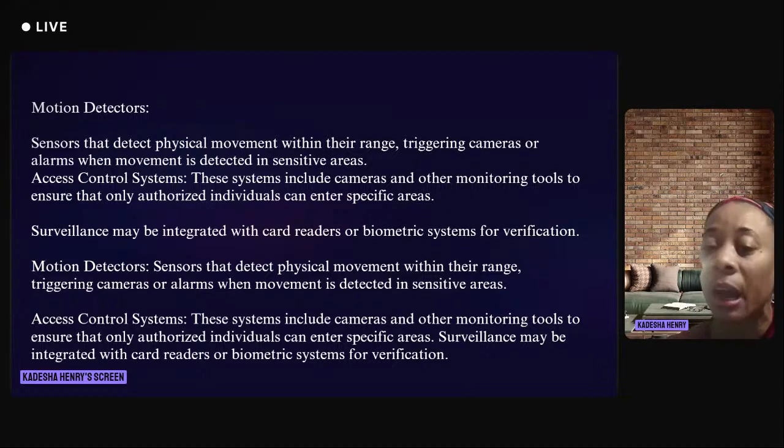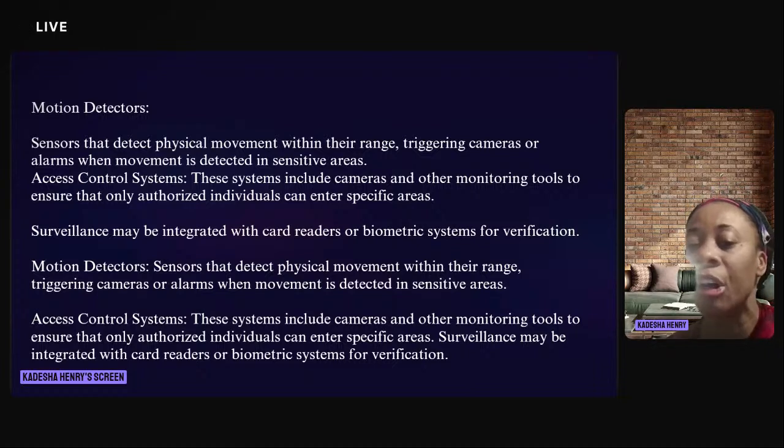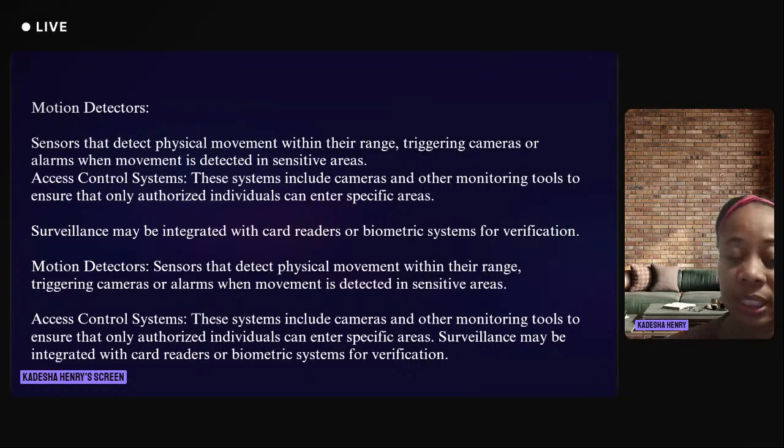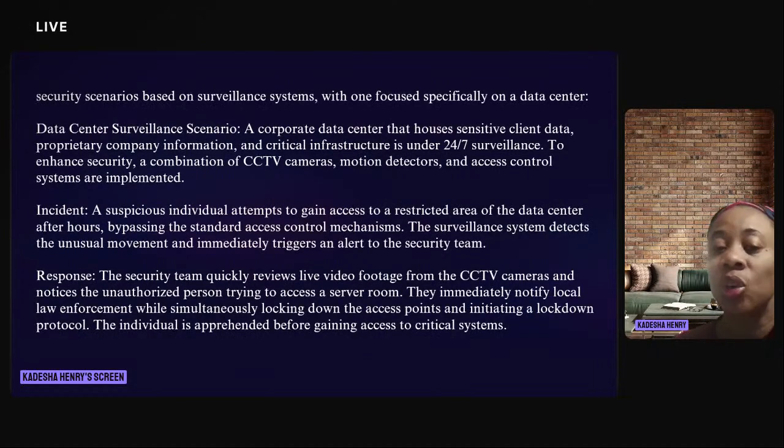These are systems including cameras and other monitoring tools to ensure only authorized individuals can enter specific areas. Surveillance may be integrated with a card reader or a biometric system for verification. So all of this, sensor cameras, motion cameras, access control systems, all of these aid in securing the environment.